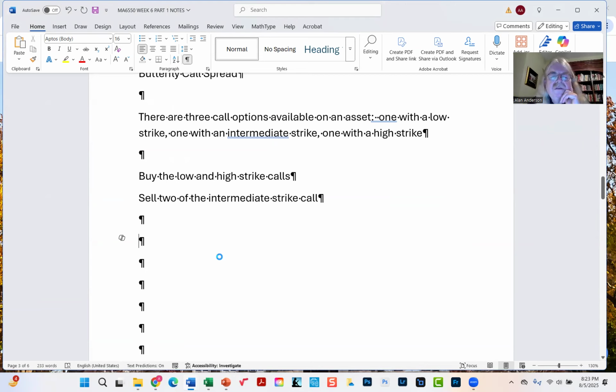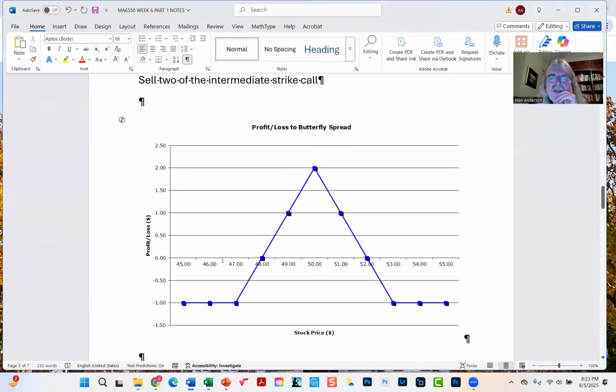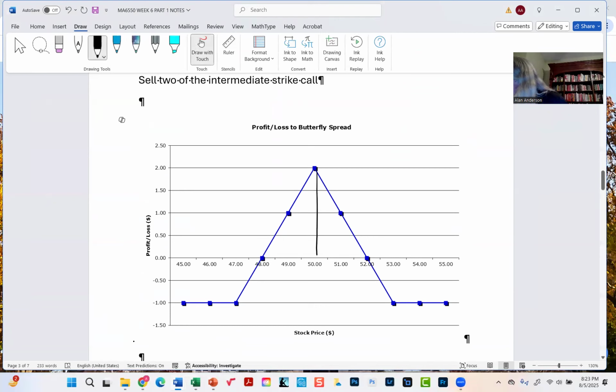So what's happening, as soon as it's ready, is we'll see that we're hoping that the stock stays right here in the center. What we're doing here is we're betting against volatility. The word volatility means that the price fluctuates a great deal over time.